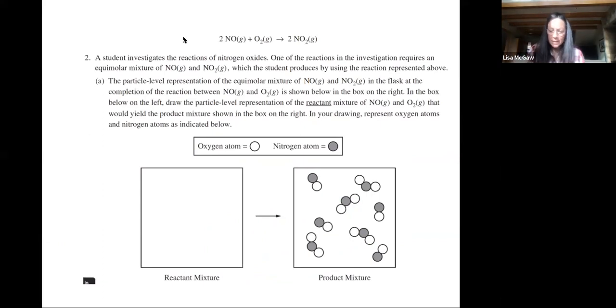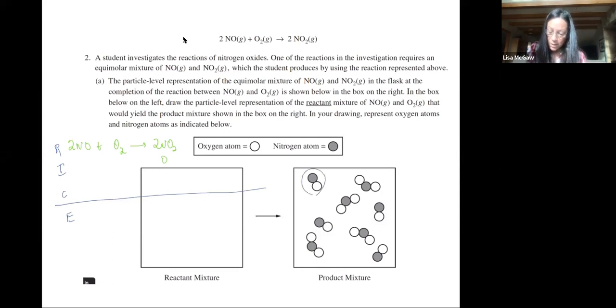So let's just look at this one. 2NO plus O2 goes to 2NO2. We start with none of that. So if we're going to work backwards, we have our reaction. We don't know what our initial box looks like, but we do know what our ending box looks like.